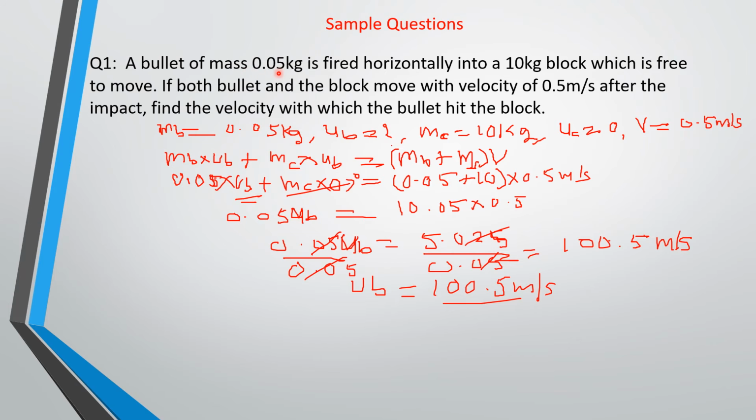It is the bullet that was moving, and that is the velocity that we are looking for. So their momentum before collision is this, and the momentum after collision is this, according to the law of conservation of linear momentum. Then we inputted our values, and we arrived at this conclusion as the answer. Is that okay? I hope this is simple and easy for you to follow.